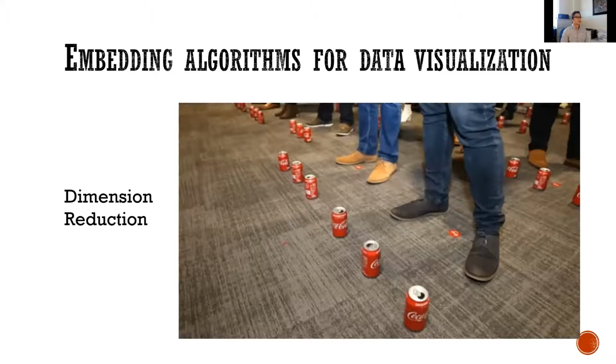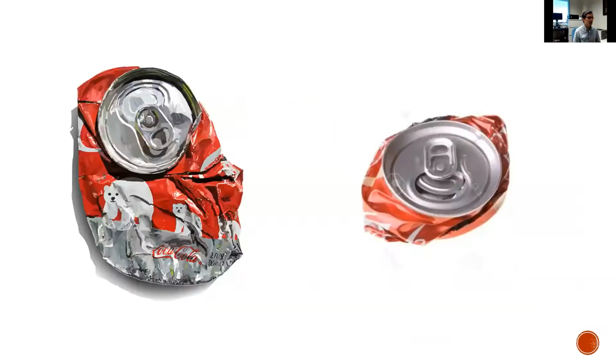Okay, so it's pretty much like you have a high-dimensional object. In this case, it's Coke cans, and you want to reduce the dimension. So in this case, it will be 3-dimensional to 2-dimensional. And you can do this in a different way, and for the same object, you will get different presentations in the low dimension space.